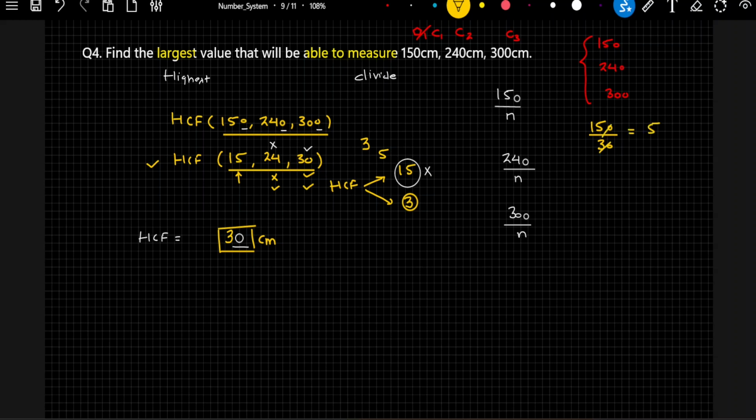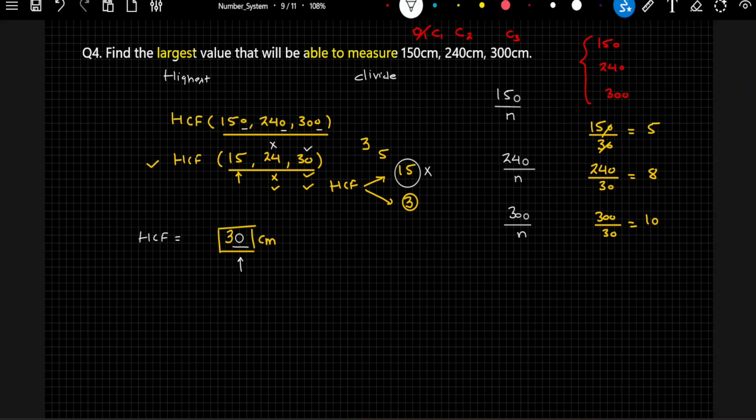Not only this, if you try to measure 240 using the same scale, you need to use it 8 times, but you will be able to measure it. Same goes for 300. You would be able to measure 300 using 30 completely, using it 10 times. So the answer to this question is going to be 30.